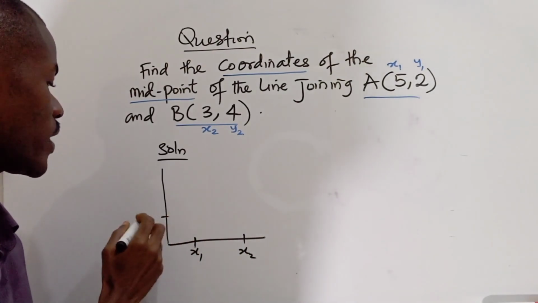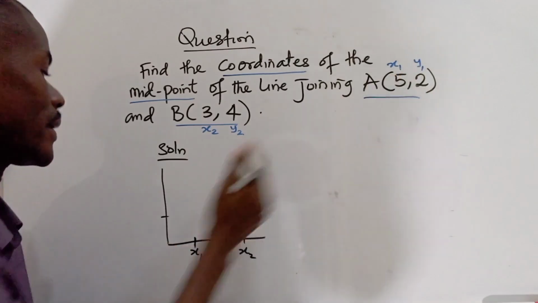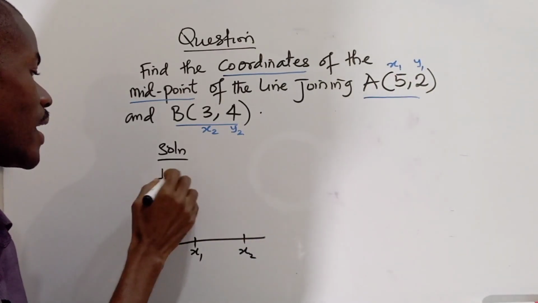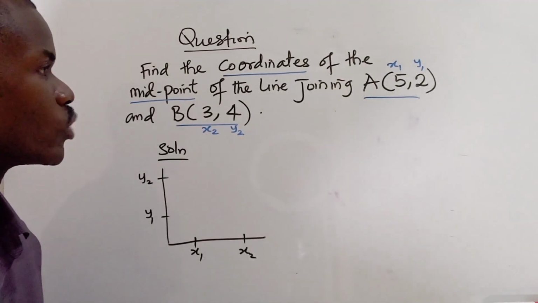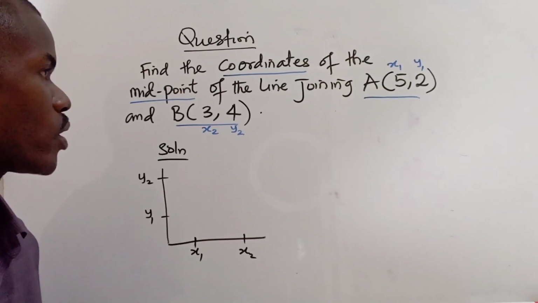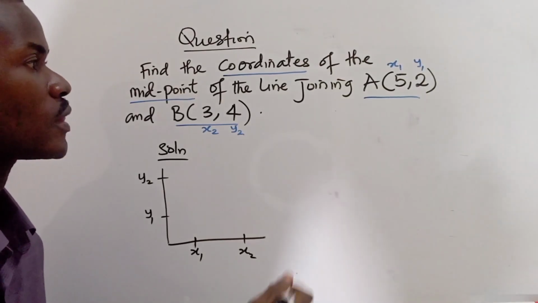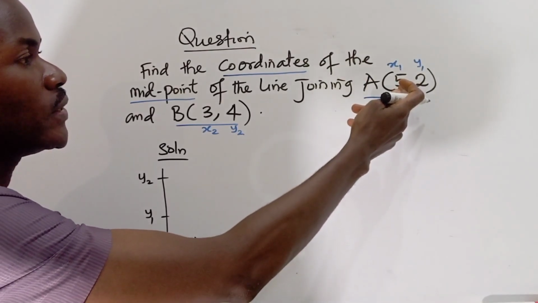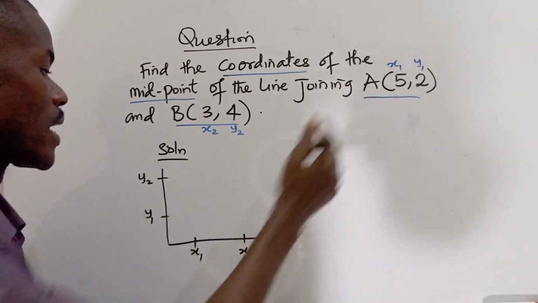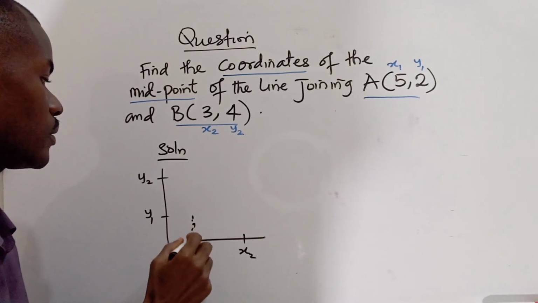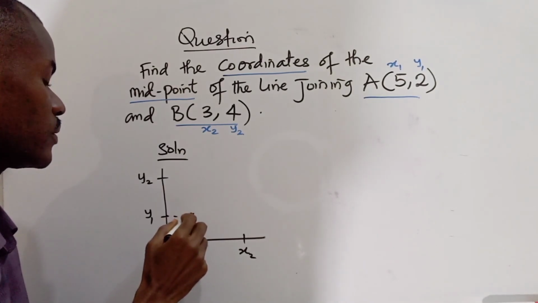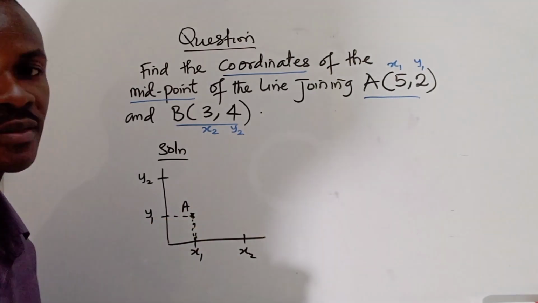Then somewhere here we have our y1 and our y2. So now we want to locate these points. For A we have x1 and y1, so our x1 meets y1 here. This is our point A.